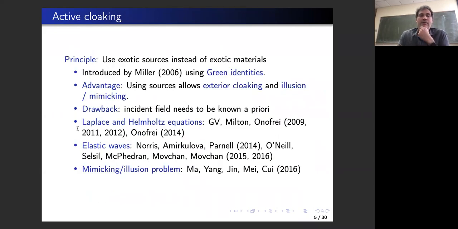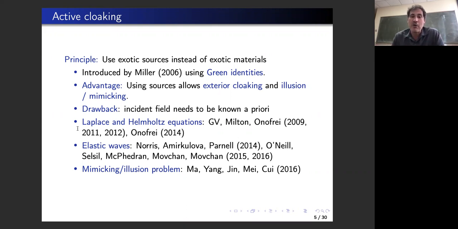Now, what about active cloaking? So the principle is to trade using exotic materials that may be anisotropic, hard to fabricate, and use exotic sources, right? So exotic sources of whatever fields you are working with. This was realized by Miller in 2006, who observed that if you use Green's identities, you could obtain perfect cloaking.